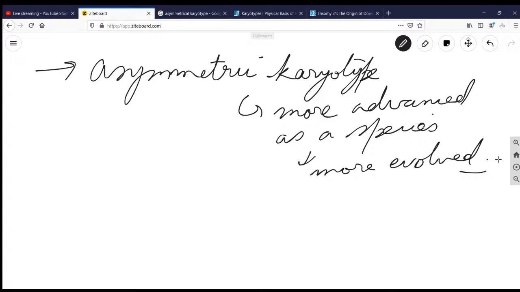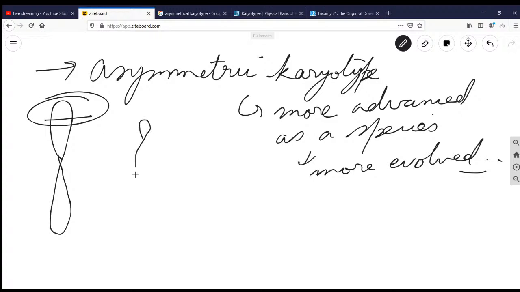But there is a phenomenon known as scaling, a size-dependent feedback, which can be positive or negative. Negative scaling means sizes become shortened. Suppose this was a metacentric chromosome and it has lost some size, and now it has become a telocentric or a submetacentric chromosome. So size has shortened. This is known as negative scaling. Negative scaling means it is losing size.